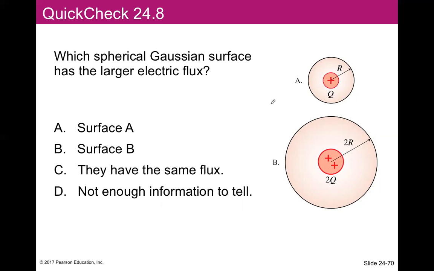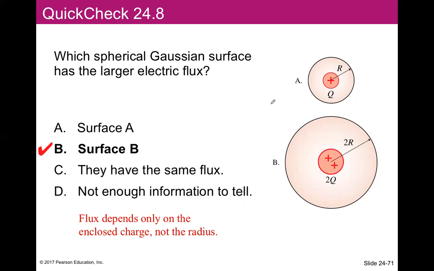Who is going to choose A? And who chooses B? Or C? Or D? Okay, so the answer is B. This time he's right.